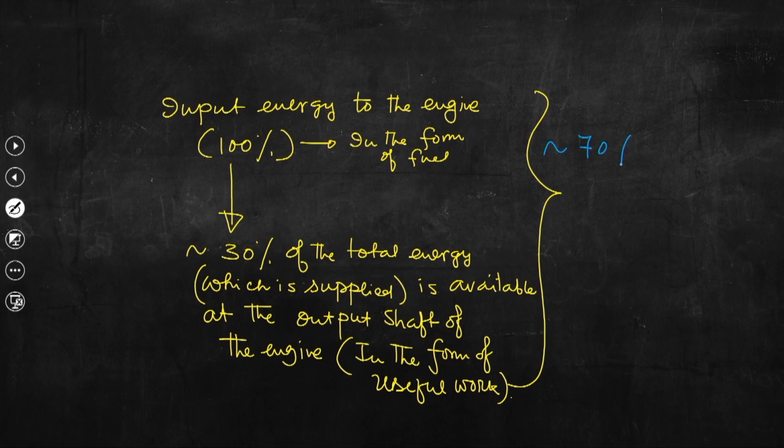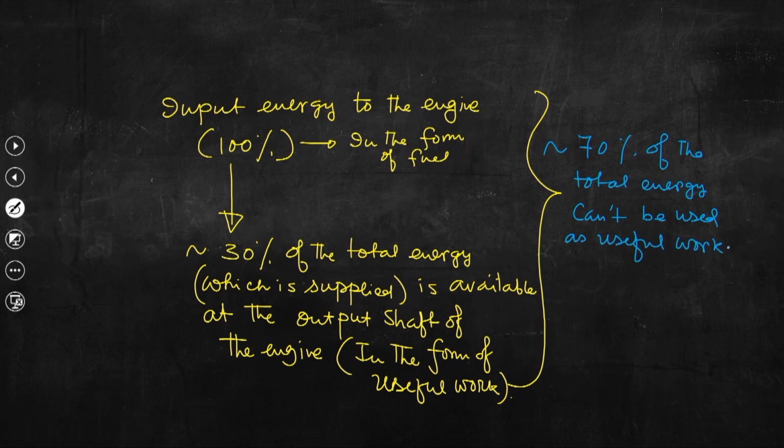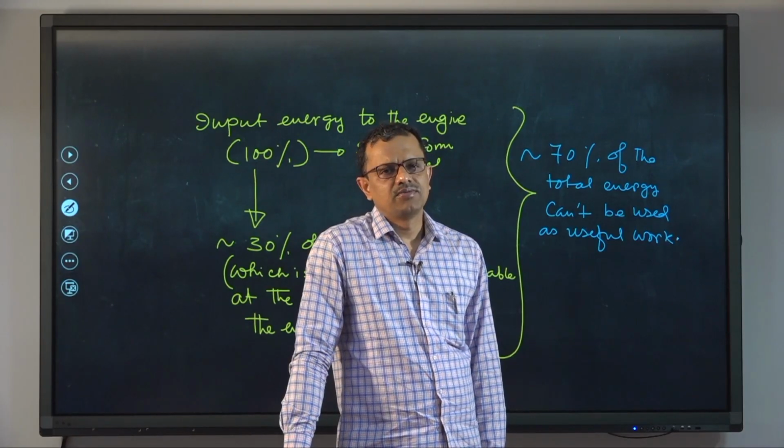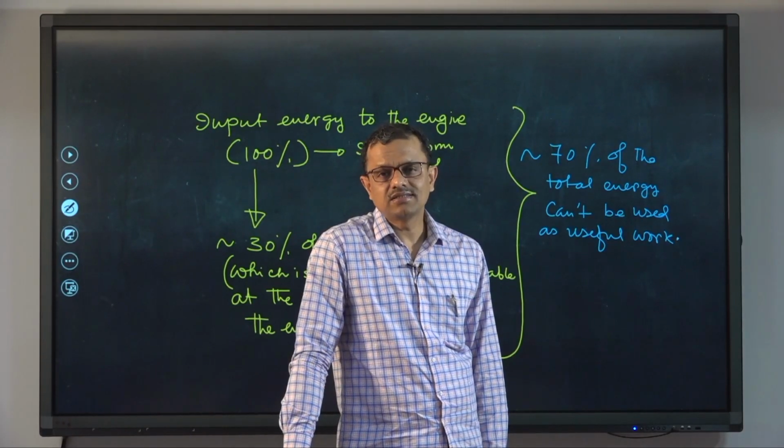So, you can understand from this particular block diagram that almost 70% of the total energy cannot be used as useful work, and this 70% comprises heat loss or loss of enthalpy with the exhaust gases.